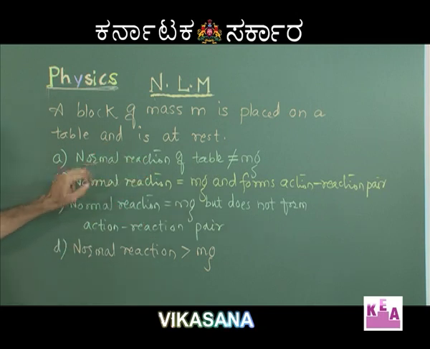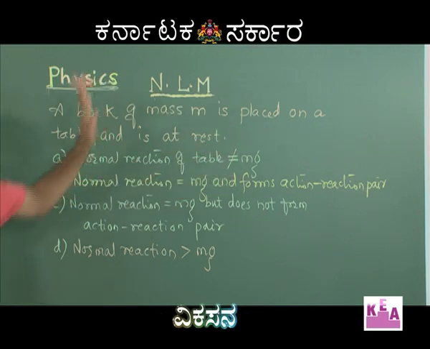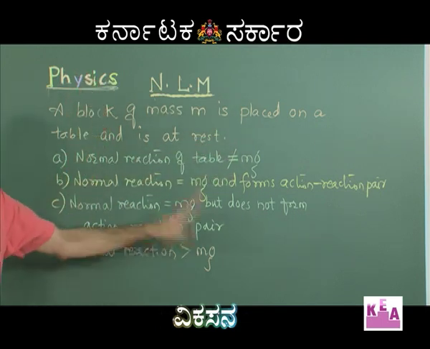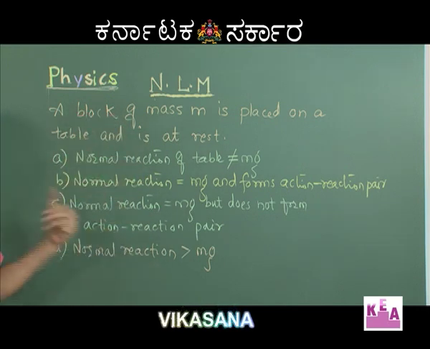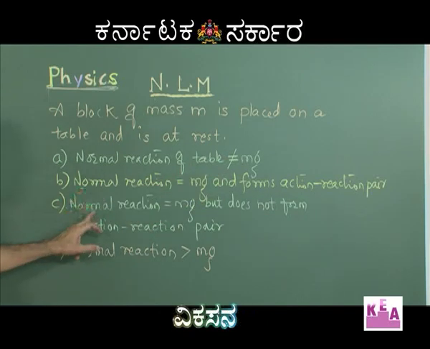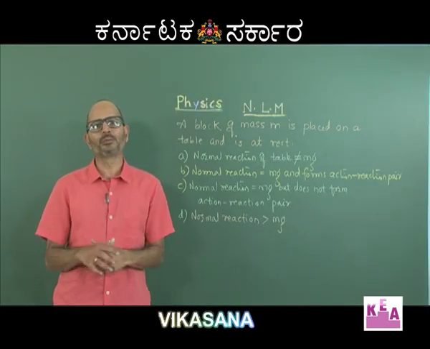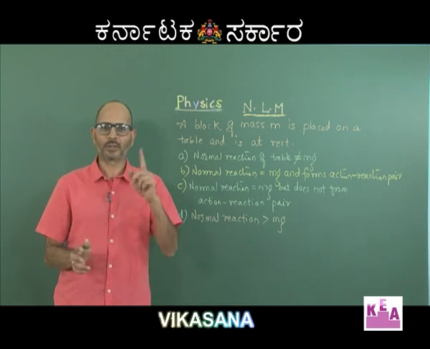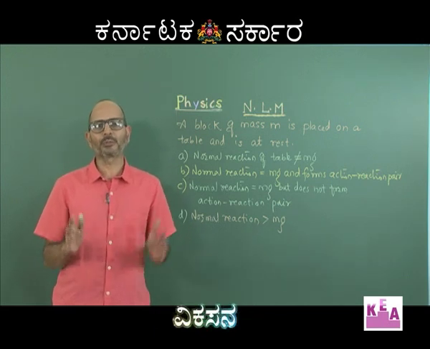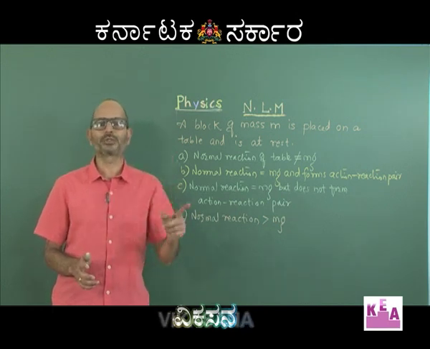Fine. So now if you start looking at the options, normal reaction of the table is not equal to mg is ruled out. Normal reaction is greater than mg is also ruled out, because in that case the body would have accelerated. Okay. So among these two, one says it is equal and it forms an action-reaction pair, and the other says it is equal but it does not form an action-reaction pair. I think these are the beautiful two choices among whom the correct answer has to be chosen. And let me remind you that action-reaction pair is always equal and opposite, but is never found acting on a single body.